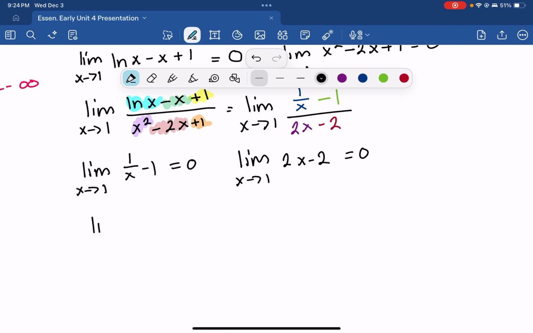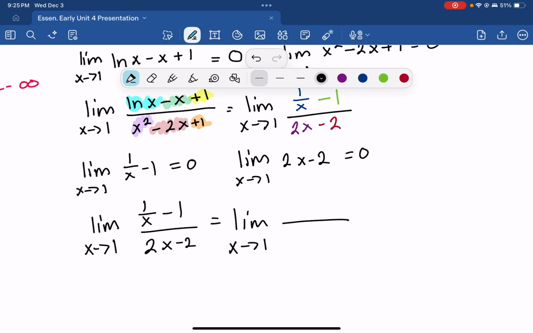So the limit as x approaches 1 of 1 over x minus 1 all over 2x minus 2 is equal to the limit as x approaches 1. The denominator is going to be the easier one to take our derivative of first. I get 2.